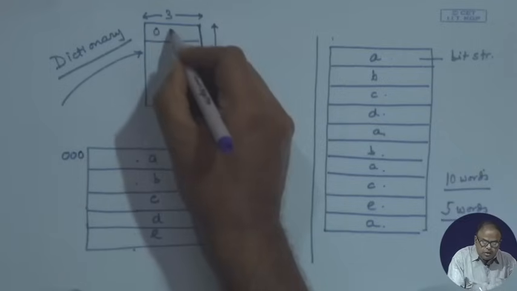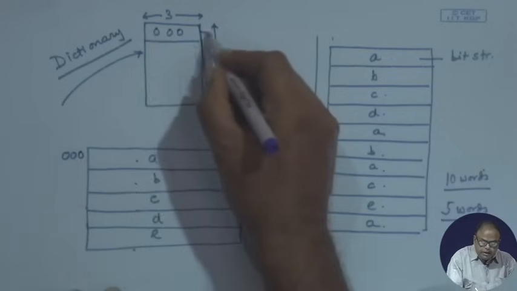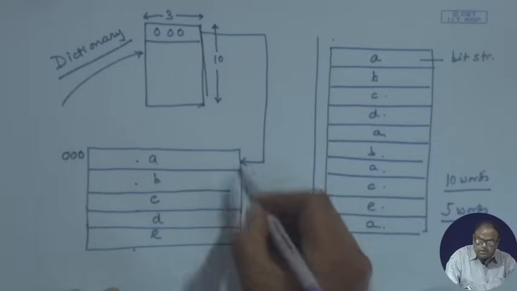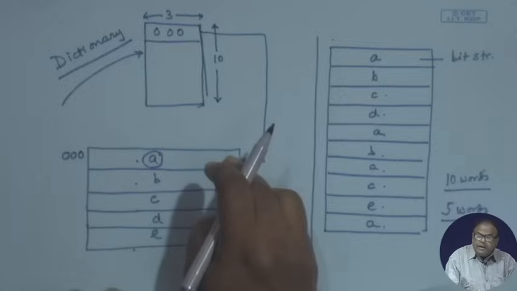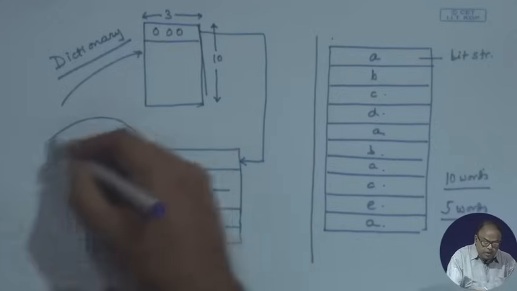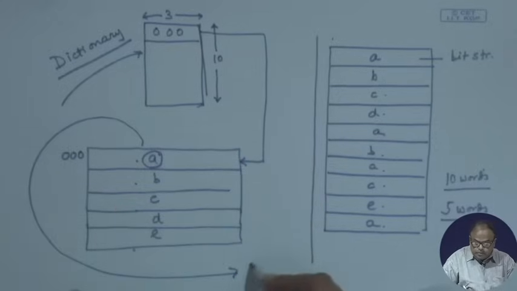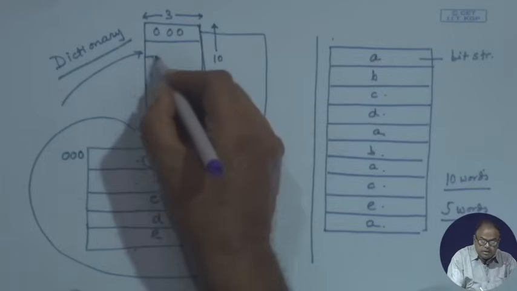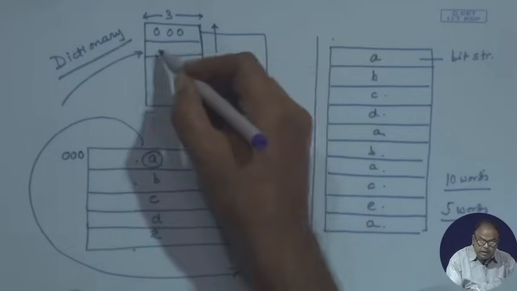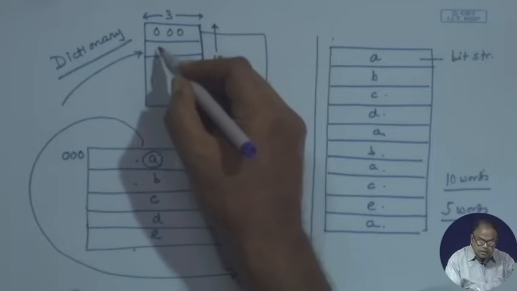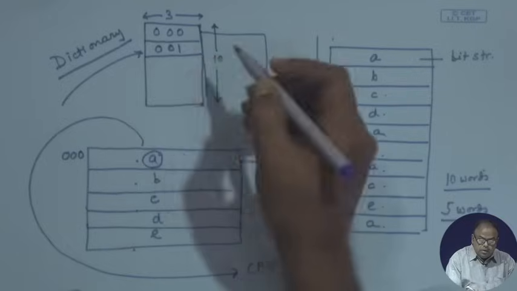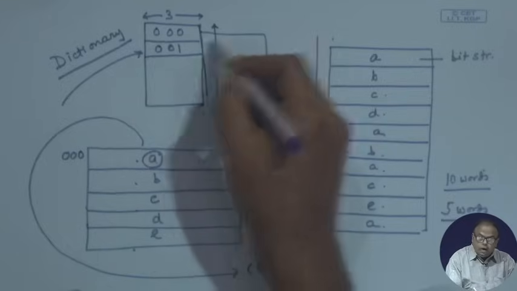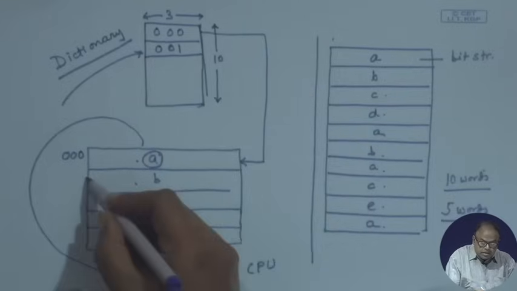So, 000 here is pointing to this address, and this address has got d bits. So, this one is going to the CPU. Next instruction may be again say 001, so this instruction will be fed to the CPU.